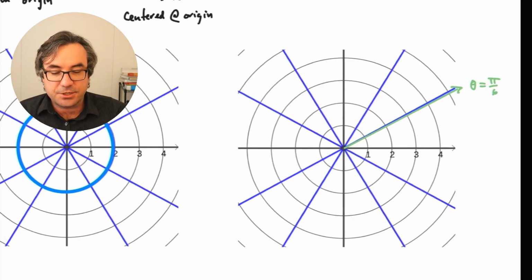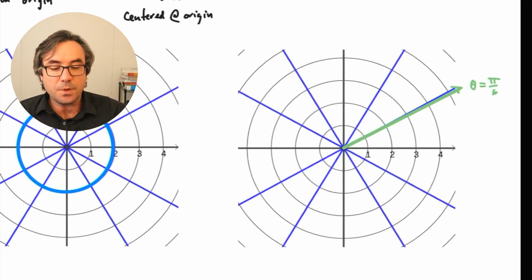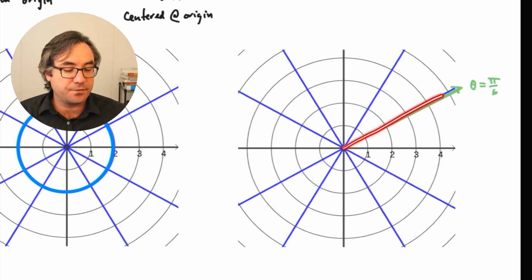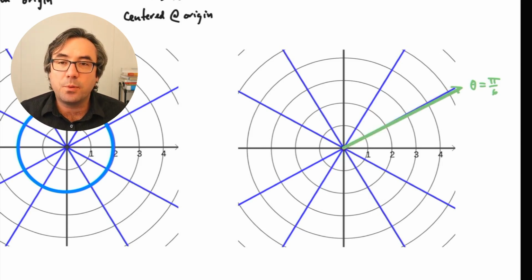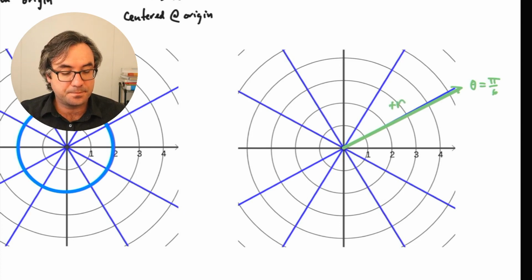On this section of our curve, these would be all points that have positive r value. You can think of this as the positive section. We also have the origin if we make r equal to 0.